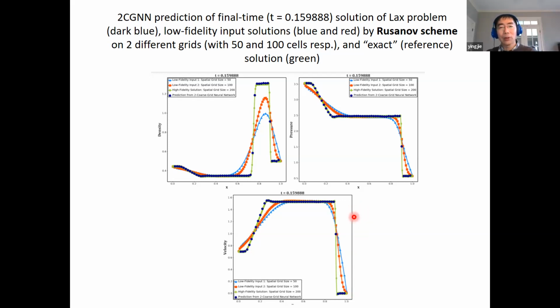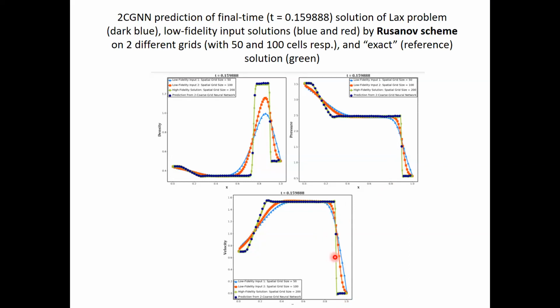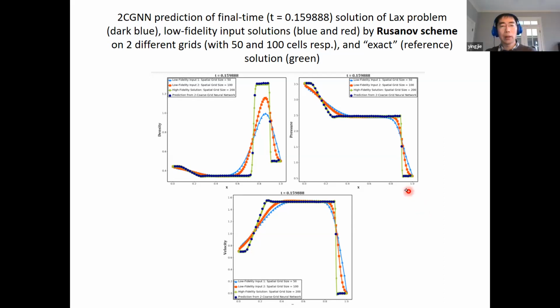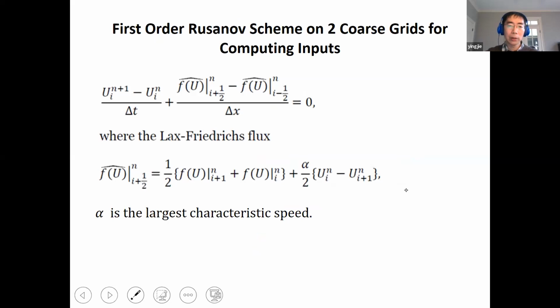Yes, you have a good point. Because you are inputting two inputs in a convergent sequence, you can think, oh, because they intersect, right? So I believe the neural network takes advantage of this information to help predict the correct location of the discontinuity. So this data is at the same time, and this one is just one delta t earlier.